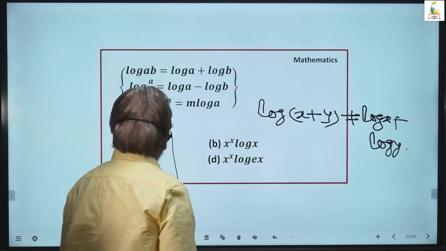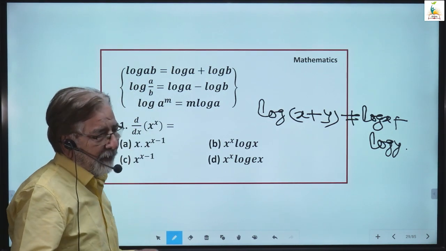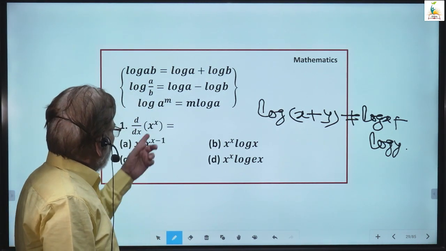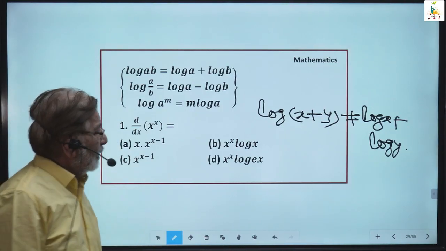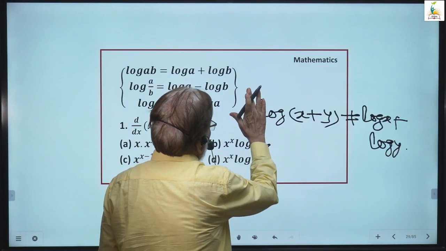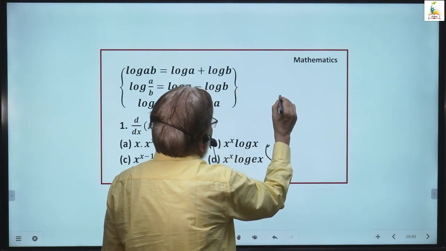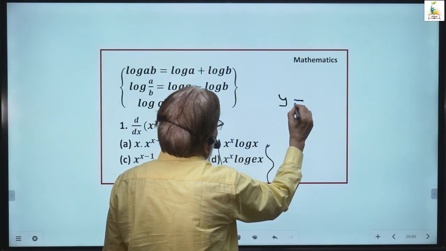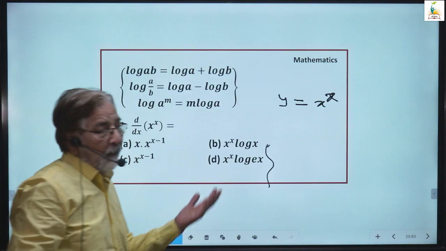Now let us see how we can use logarithm for differentiating. For example, if you have to differentiate x raised to x, let us take y equal to x raised to x. Take log of both sides.